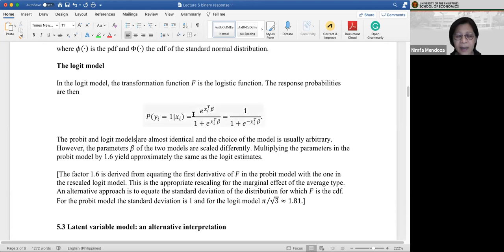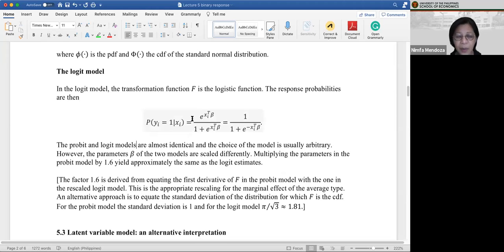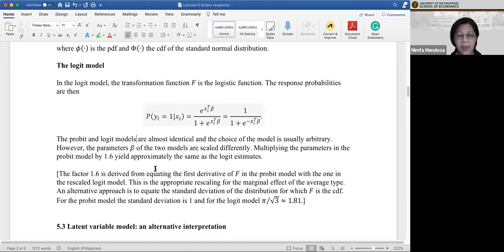Then rescale, dividing by 1.6, and get the derivative with respect to x. This is the appropriate scaling for the marginal effect of the average type.